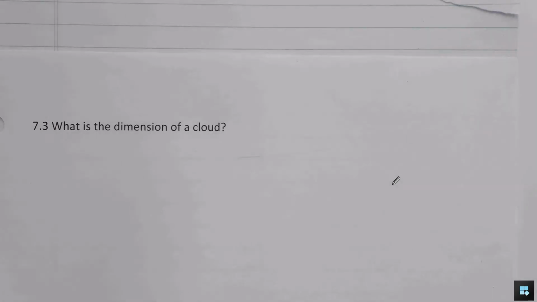Your author opens the section with the question, what is the dimension of a cloud? So let's review dimension, and then you can tell me the dimension of a cloud.